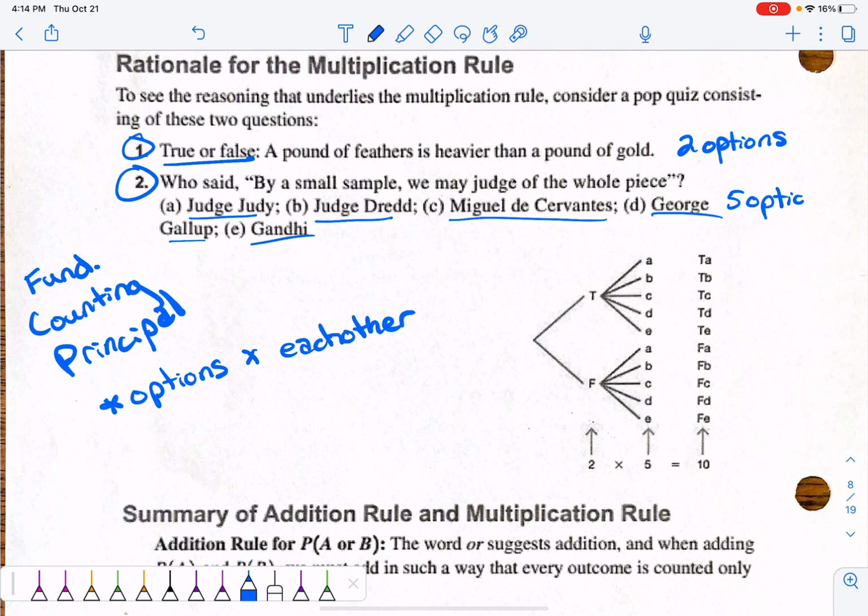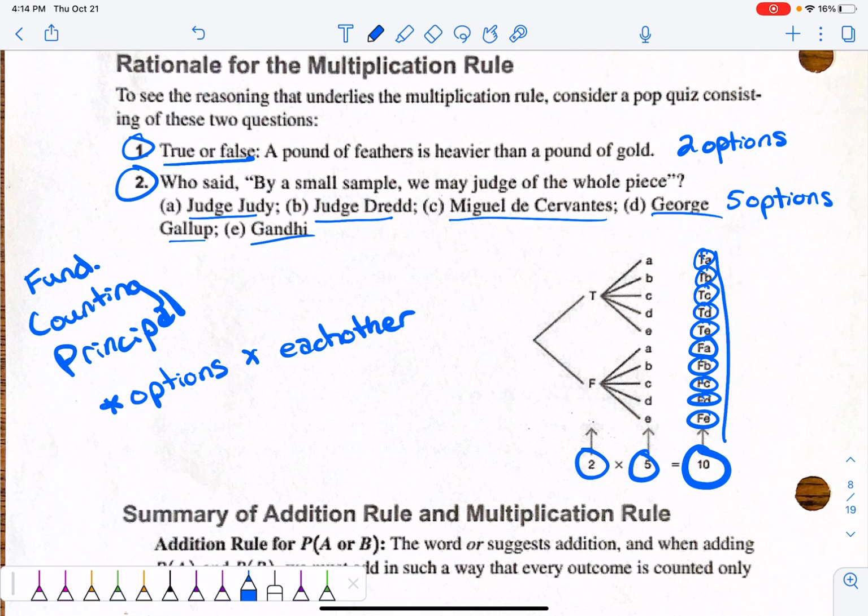So if I answer this quiz, I could have done true and then chosen A, true and B, true and C, true and D, true and E. Or I could have chosen false first and chosen false A, false B, false C, false D, false E. The reason is that I have 2 options for the true and false and 5 options for the multiple choice, which gives me 10 total options for just those 2 questions. That's what the multiplication rule illustrates for us.